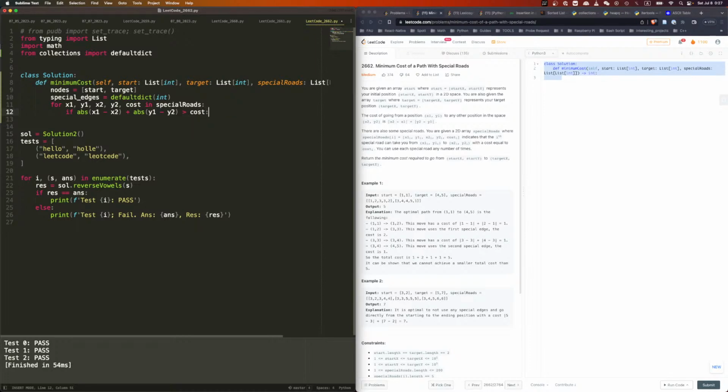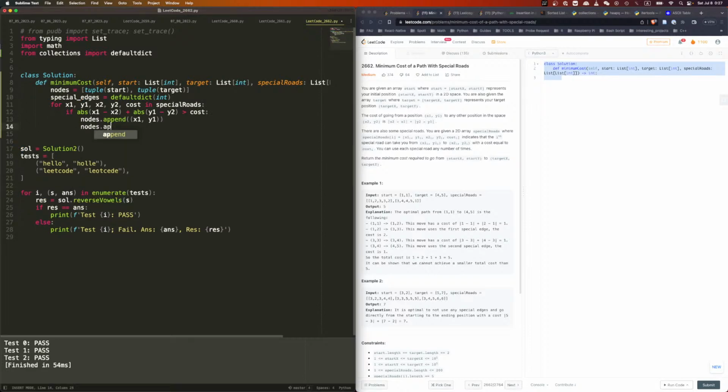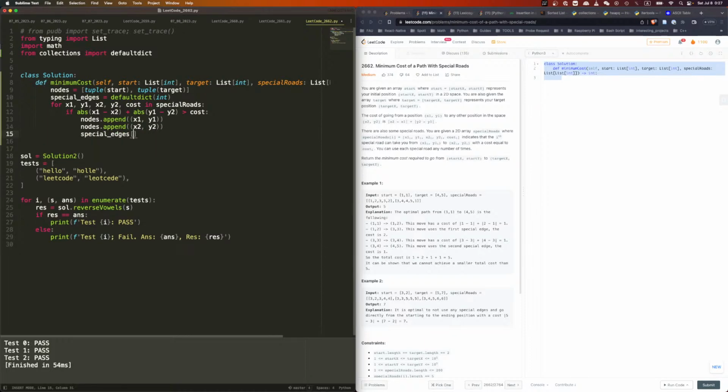So if it's larger than the cost, which means the cost is good, then we say nodes.append. We'll do these two nodes, x1, y1. Oh, we need to tuple them, just to make sure. We tuple these, then nodes.append x2, y2, and special edges x1, y1 append x2, y2, and the cost.